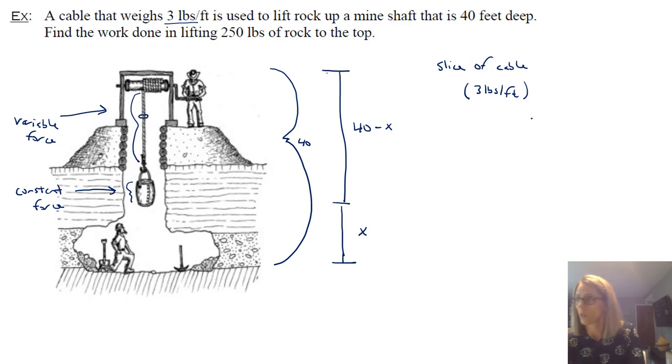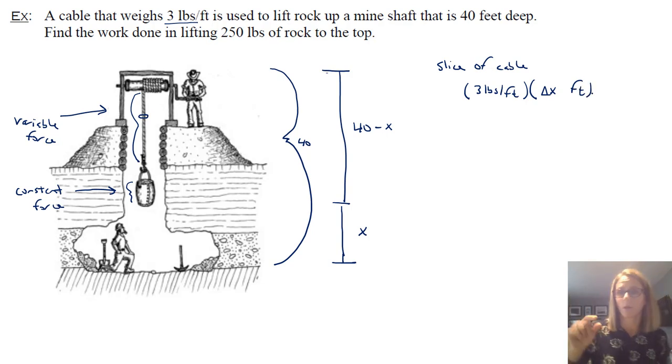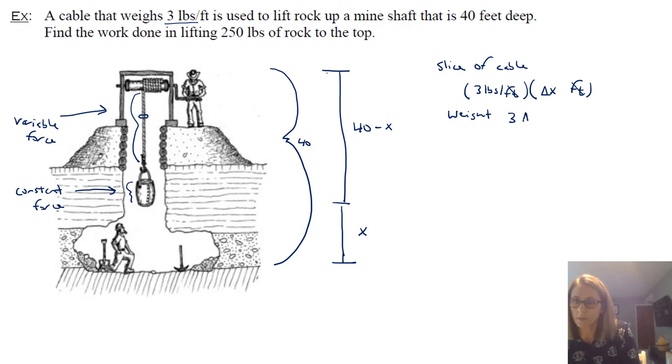Depending on how thick your slice is, that's this idea of the change in x. You don't know exactly how thick it is, but it gets thinner and thinner as your slices get thinner. So the weight of any slice of cable is just 3 times delta x pounds.